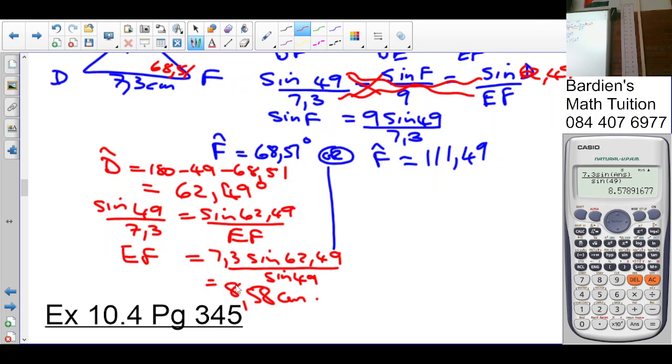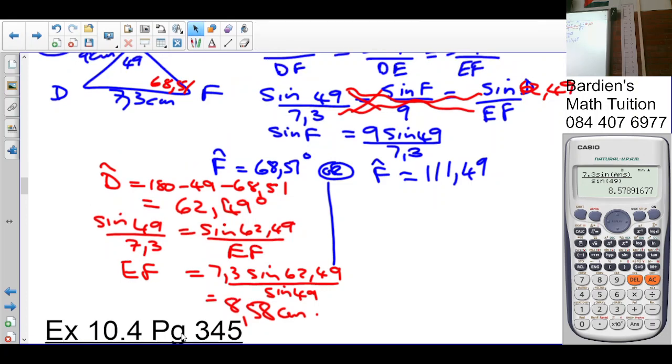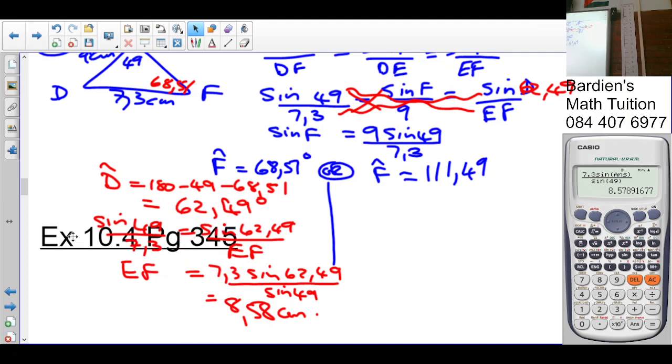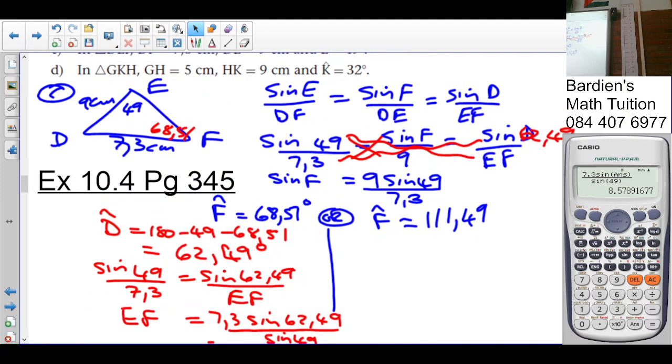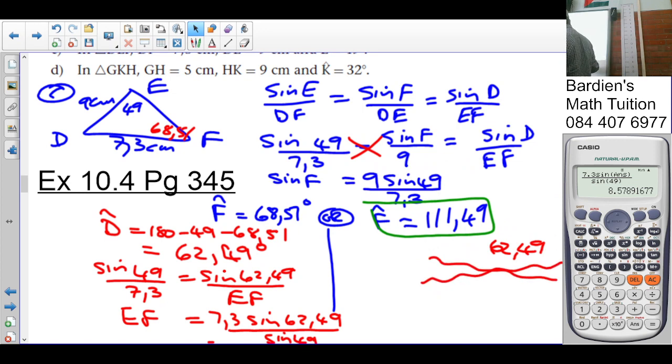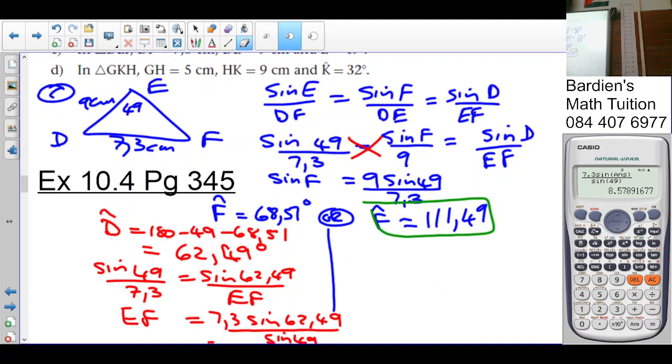You all understand? If I go with the other, with the obtuse angle, we go the obtuse angle route.